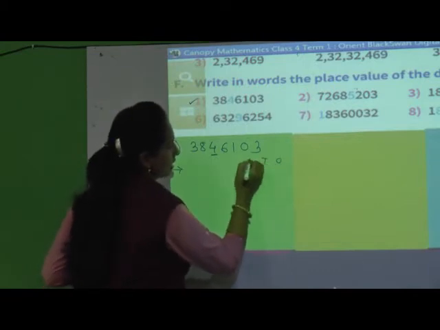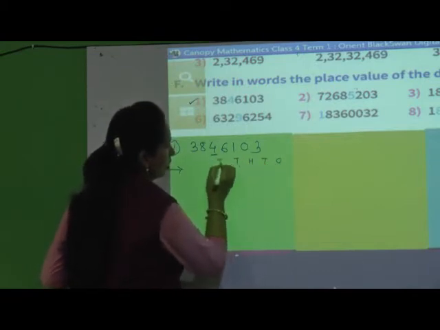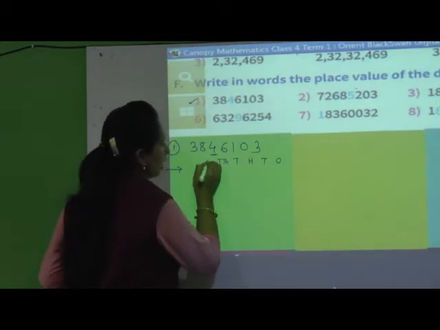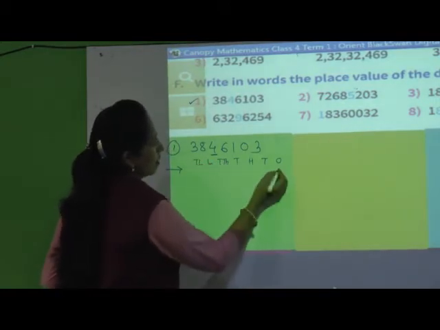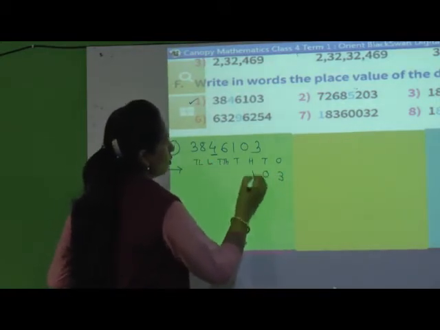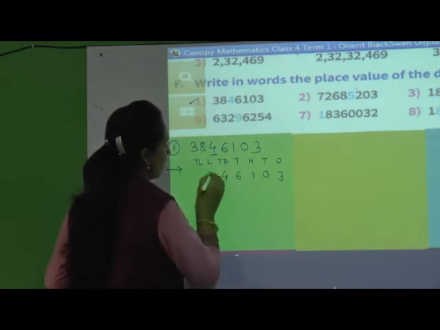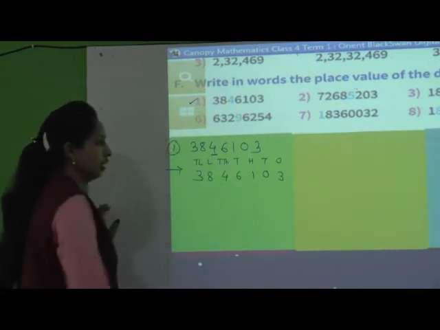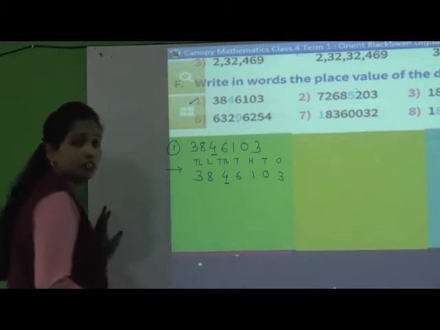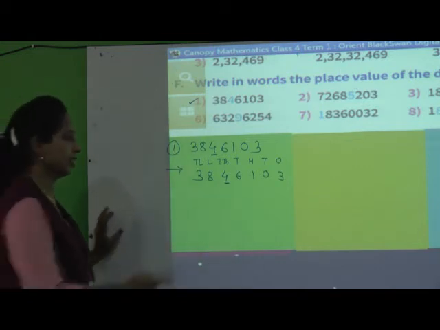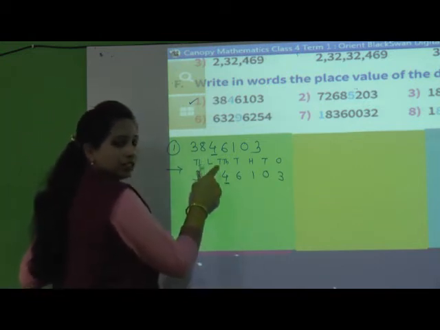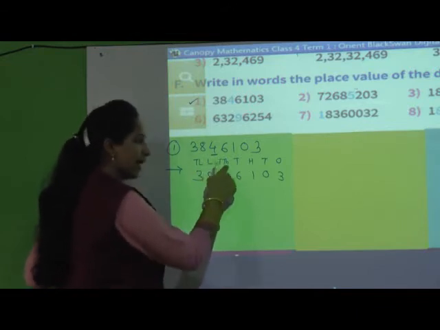Write ones, tens, 100, 1000, 10,000, lakh, 10 lakhs. So I will place here 3016483. Okay. 4 is in blue color. Now tell me, can you see where is the 4? In 10,000 place.